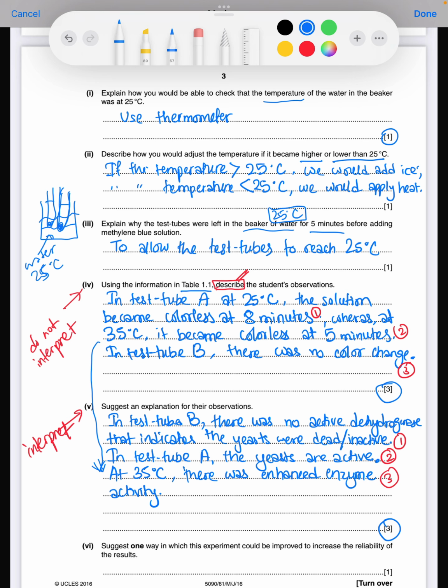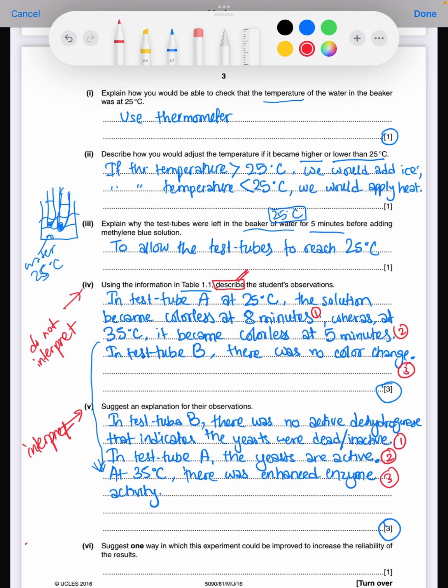Okay. Now, suggest one way in which this experiment could be improved to increase the reliability of the results. Now, think of one error or misinterpretation that might happen in this experiment. A very easy one to think of is that, I think I'm just going to mention it over here.